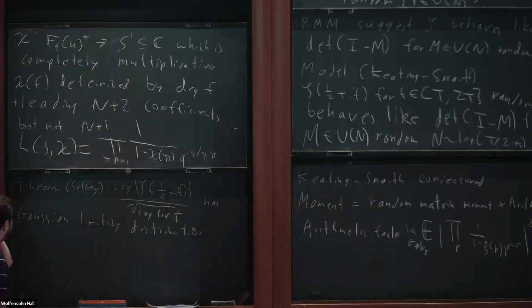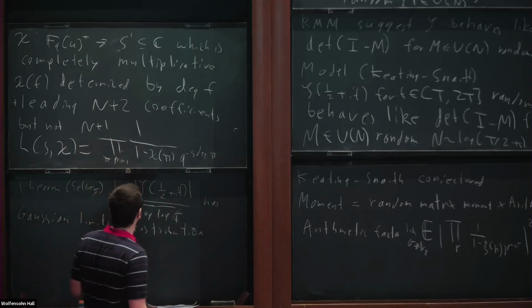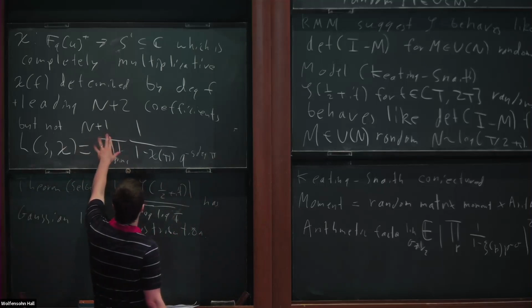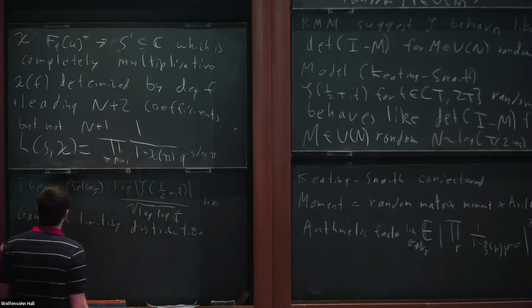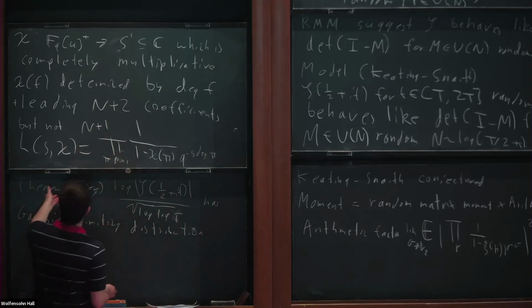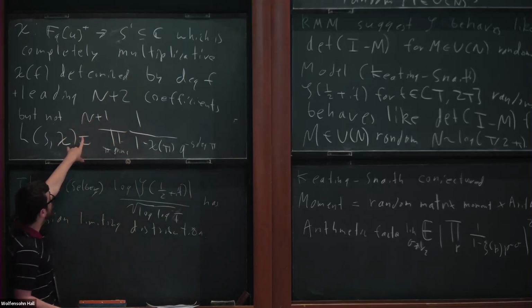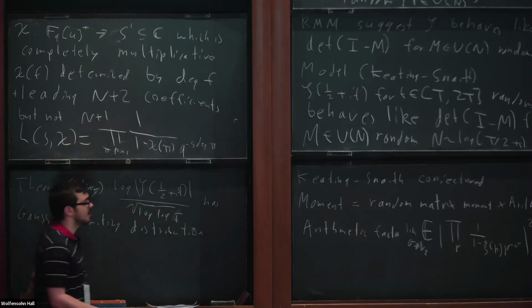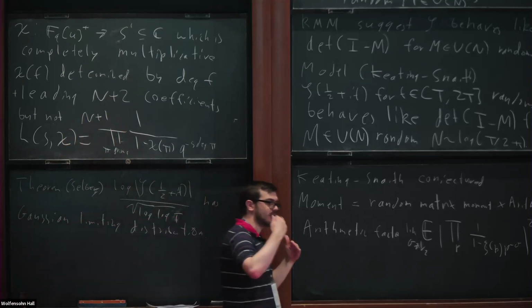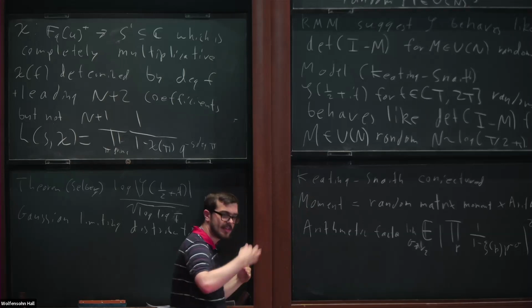And you can think of these as being characters of the adele class group that are ramified only at infinity, and then n would be related to a constant in the global functional equation. But yes, just n plus 2, and then I'm throwing out the ones that can be determined by n plus 1 coefficients, for the same reason I consider only the dyadic interval from t to 2t. I'm throwing out the ones from 0 to t.